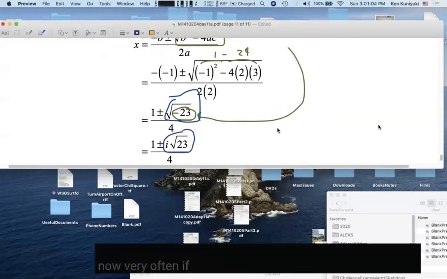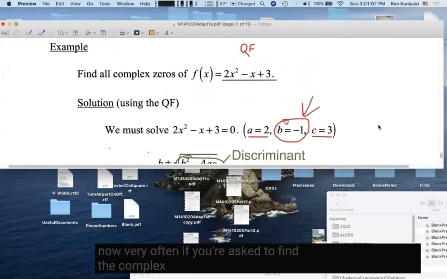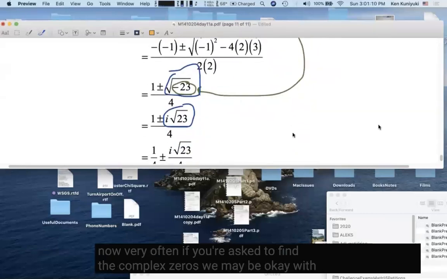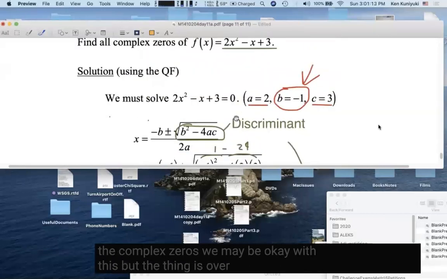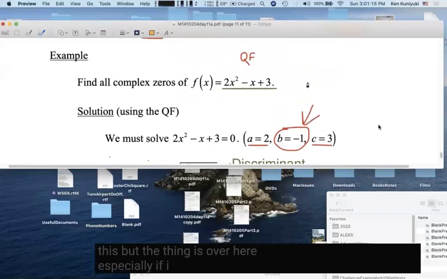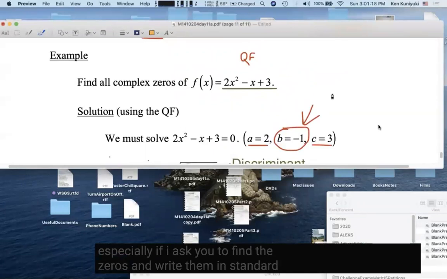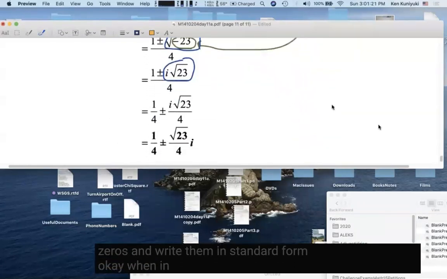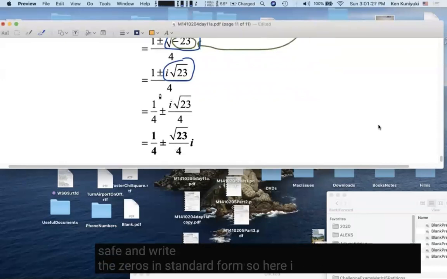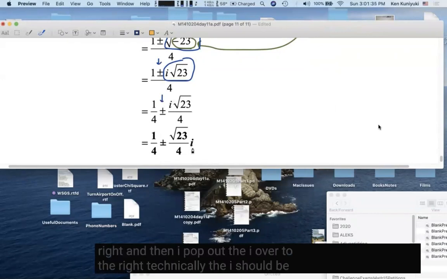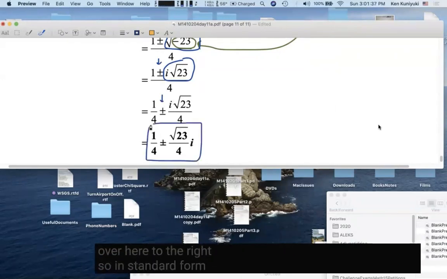Now, very often, if you're asked to find the complex zeros, we may be okay with this, but especially if I ask you to find the zeros and write them in standard form, when in doubt, you might want to be safe and write the zeros in standard form. So here I split the fraction at the plus or minus symbol, and then I pop the i over to the right. Technically, the i should be over here to the right. So in standard form, the complex zeros will be 1/4 plus or minus root 23 over 4 times i.